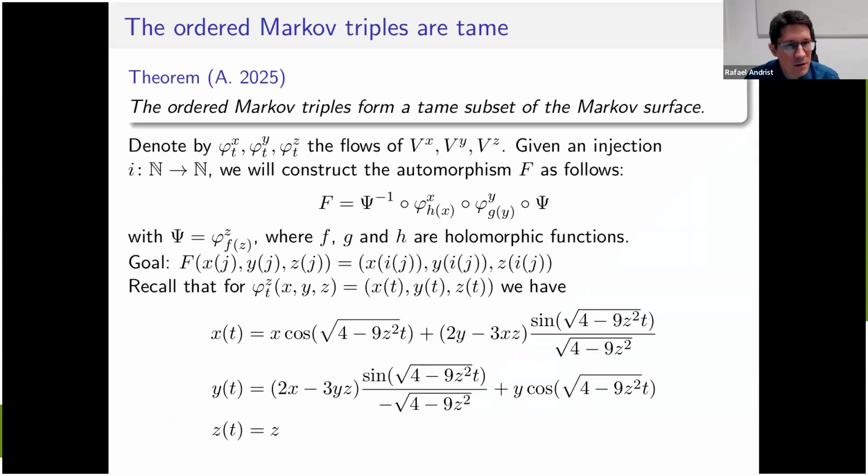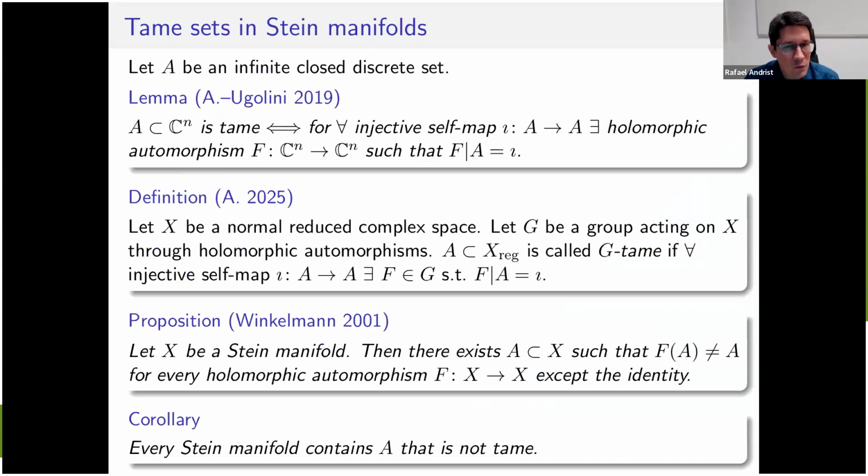The point is the following. When we chose this definition and proved this first lemma here, we had some concrete applications in mind. For example, in CN, if you have two tame sets, they can be mapped onto each other because both are mapped to the natural numbers lying on the coordinate axis.